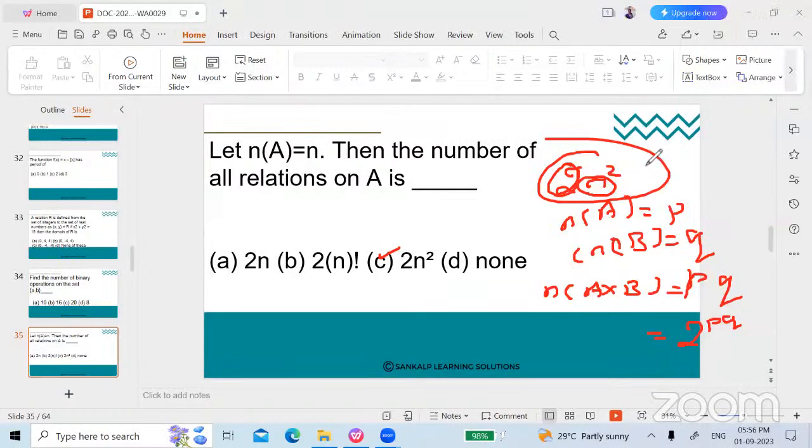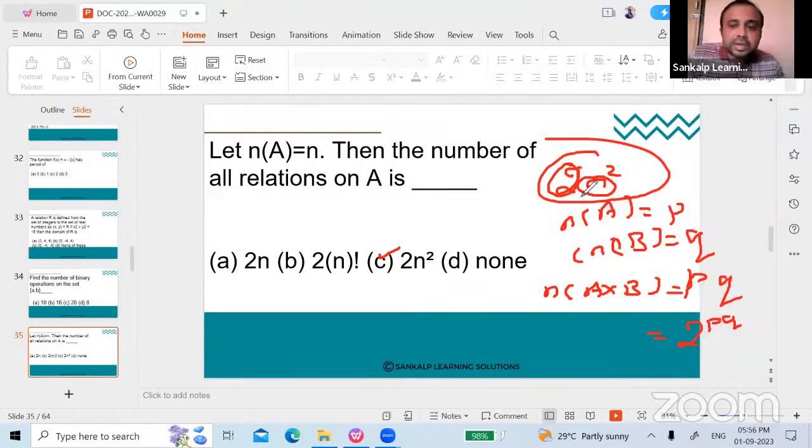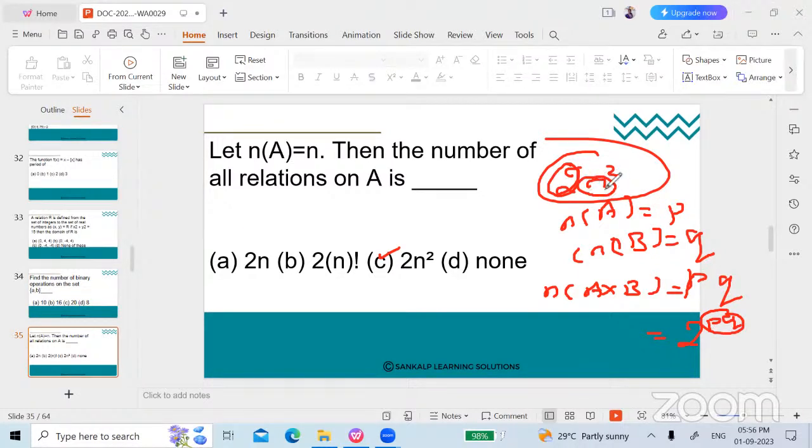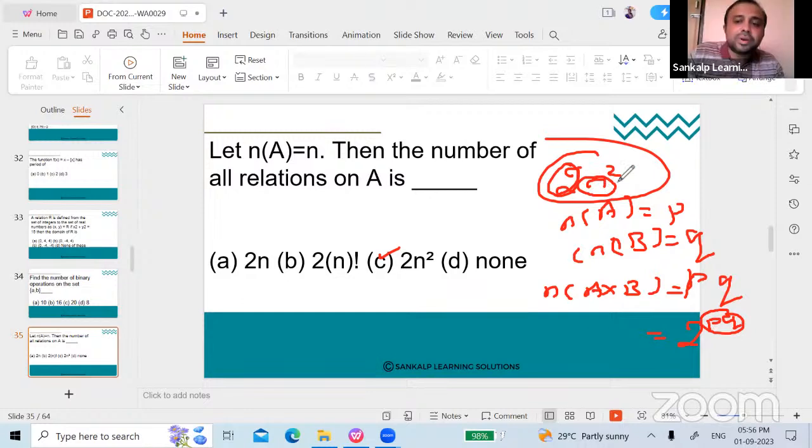It is 2 raised to PQ. When A and B are defined, I can write PQ. But when A and B are not given, a relation on set A is on the same set.